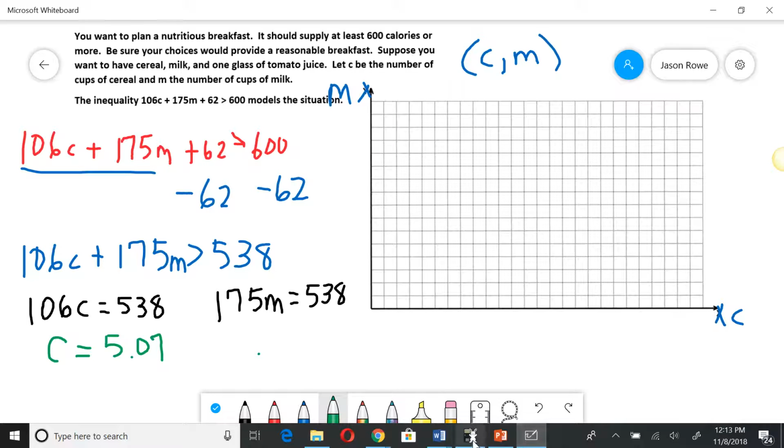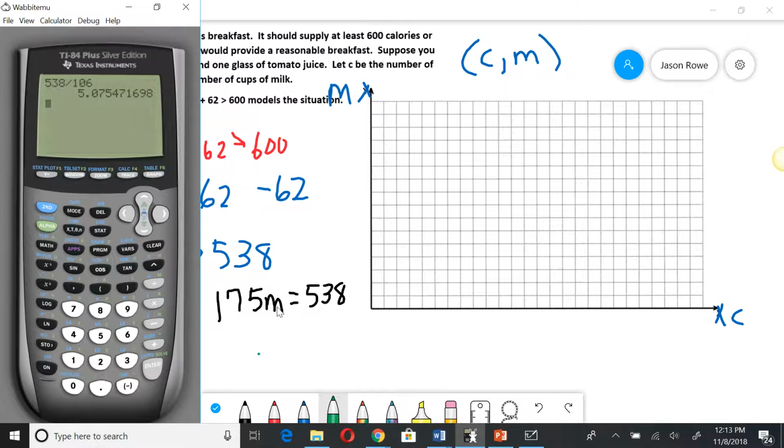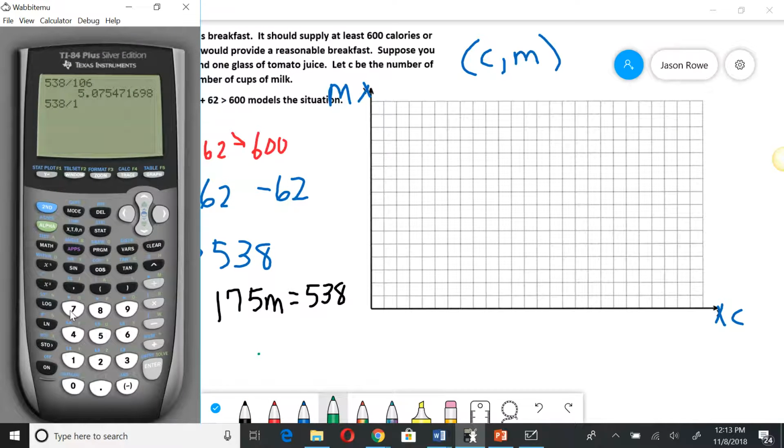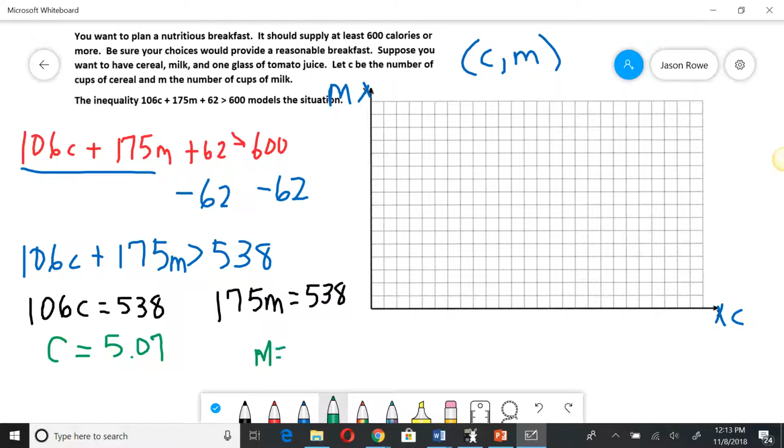Do the same thing. Well, the calculator, we're going to divide 538 by 175. It's going to give me 3.07. And so now I'm going to plot my inequality.